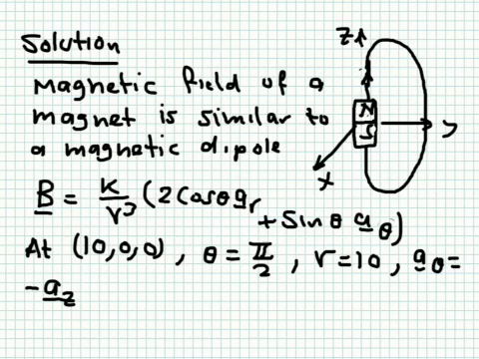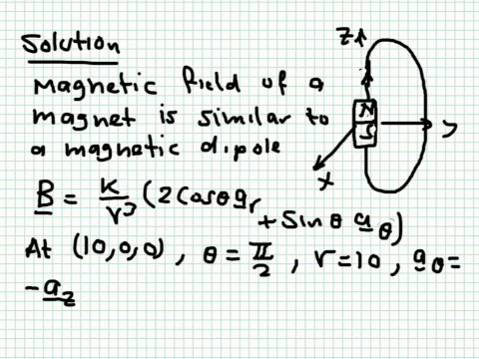But the important part here is that the expression of the magnetic field of this bar magnet is the same one we used for the magnetic dipole, which is really a small magnetic loop. Here I got rid of all the constants, mu I over 4 pi, and I replaced them by a constant k. So if I know k, I know everything about the magnet.